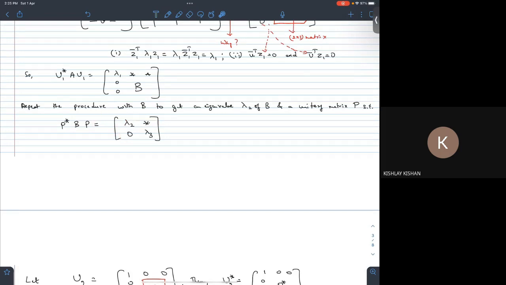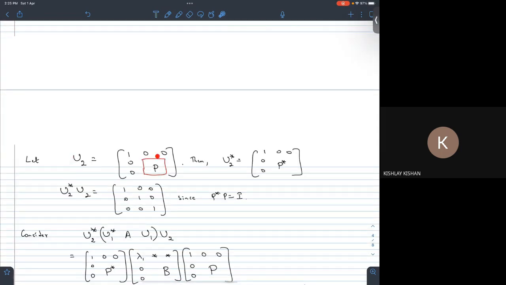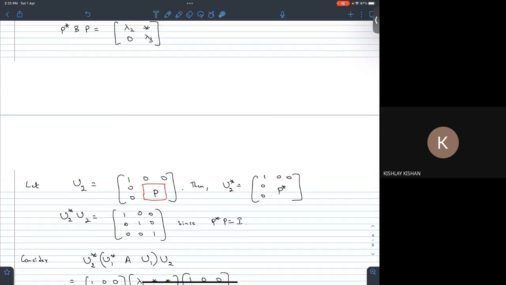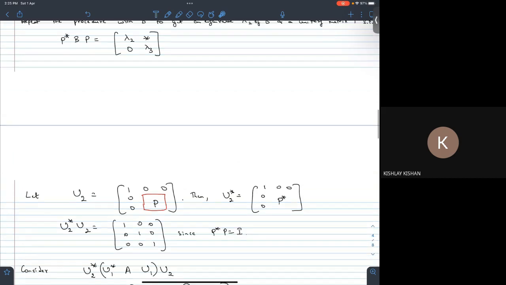So I'm going to extend this to a bigger matrix using U2. And I claim that this U2 is also unitary, and that is shown here. Is that clear? If people are lost, I can go over this argument again.